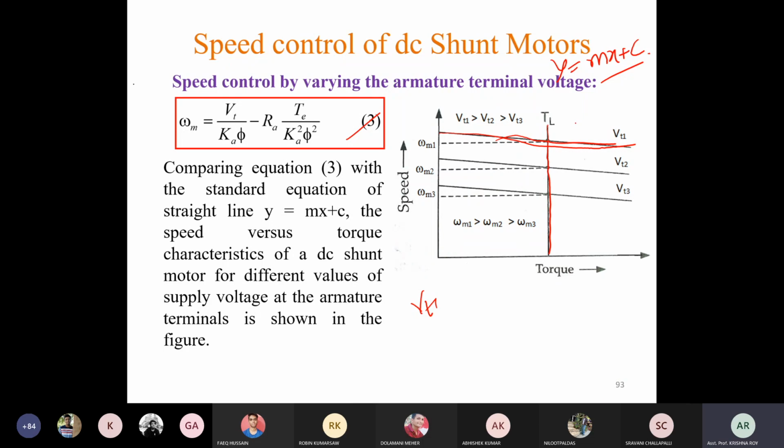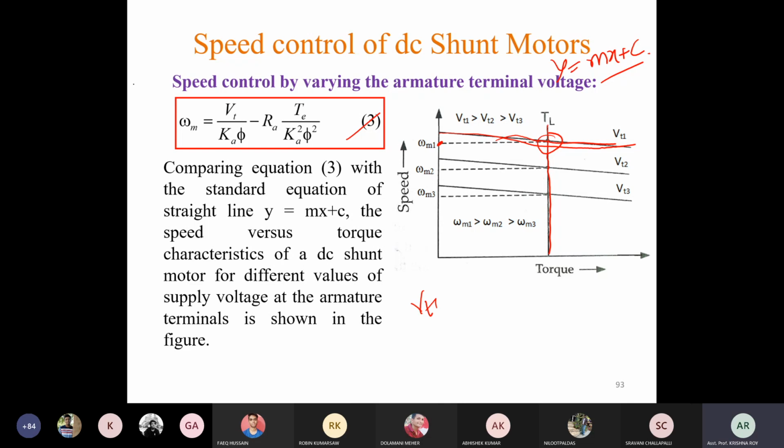So the intersecting point of these two lines, that is the speed torque characteristic and the load torque characteristic, will give you the stable operating point. So when this Vt1 voltage is applied and the load torque connected to the machine is TL, the machine will run with a speed of omega m1.